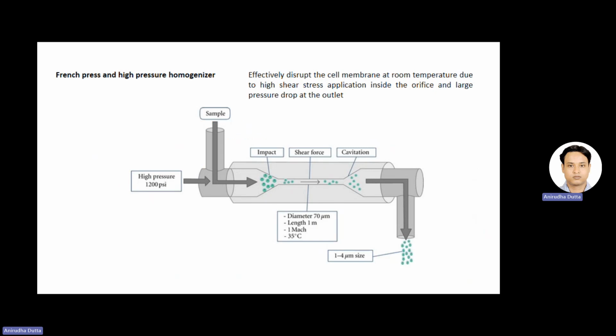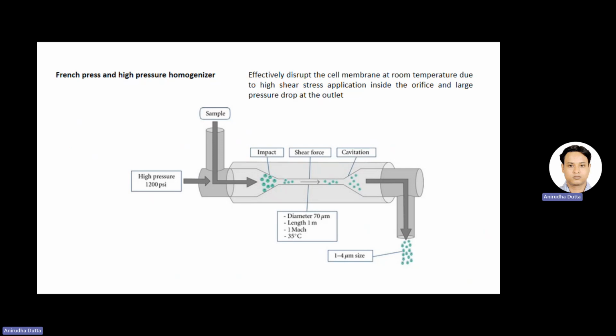There is another technique called French press or high pressure homogenizer. In this technique, with high pressure, we send the cells through a small capillary or orifice. In the beginning of that capillary, it faces a huge amount of force.